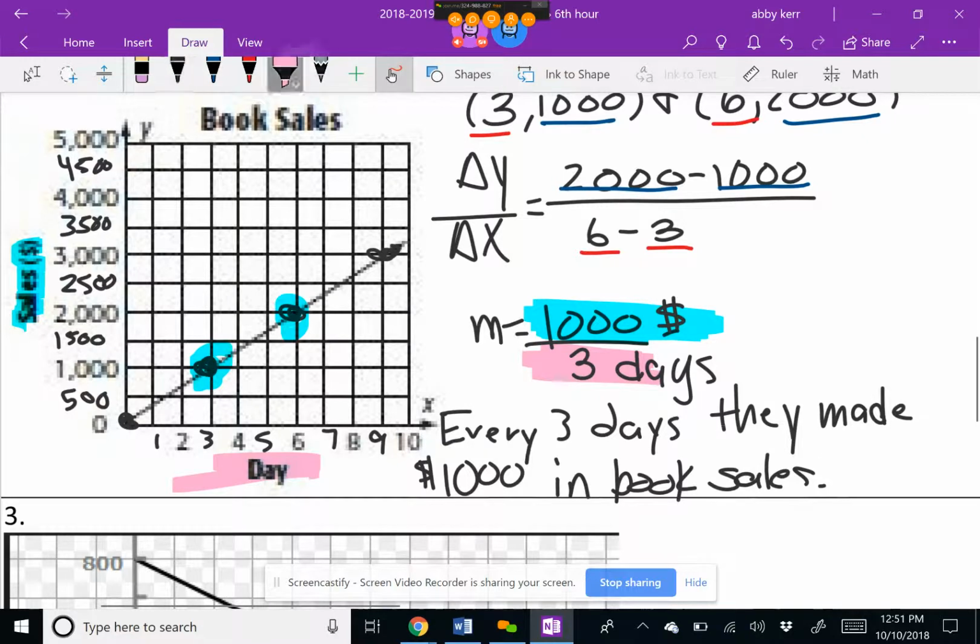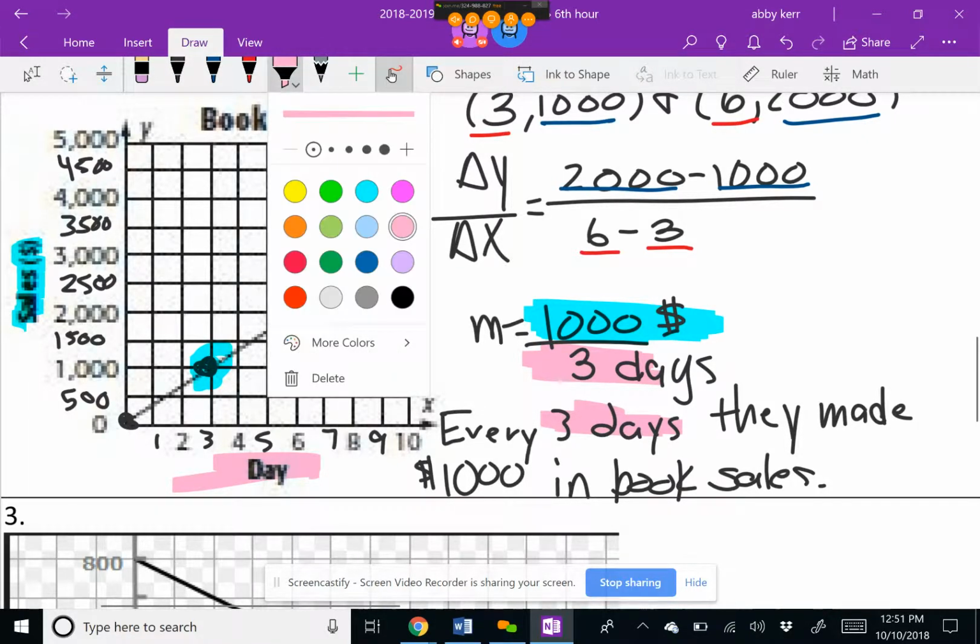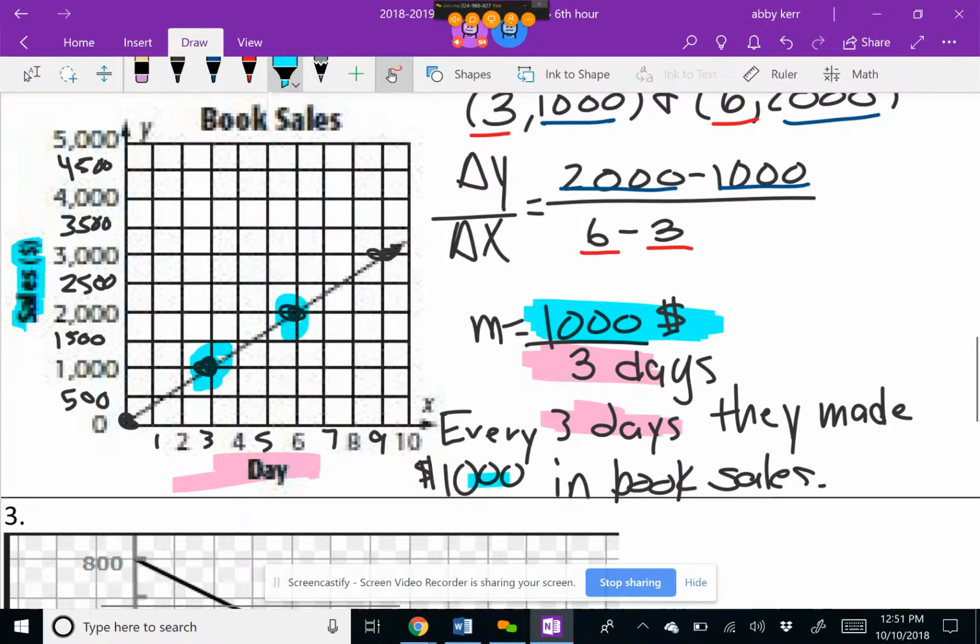As long as we are talking about the 3 days being represented, the $1,000 being represented, and capital letter and punctuation at the end, that will be fine with me.